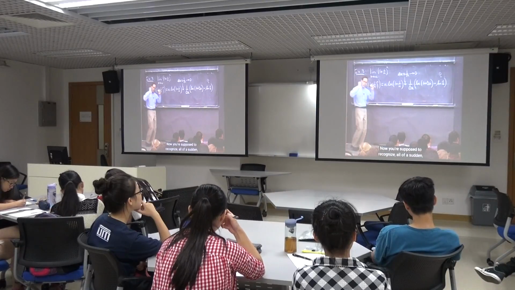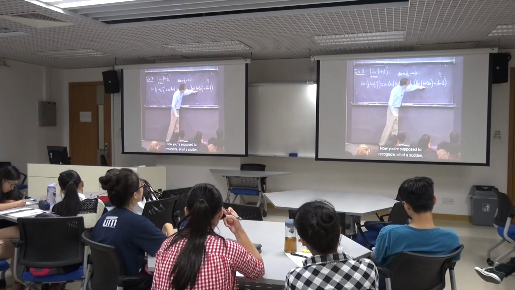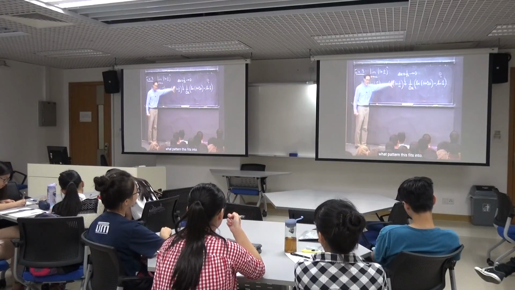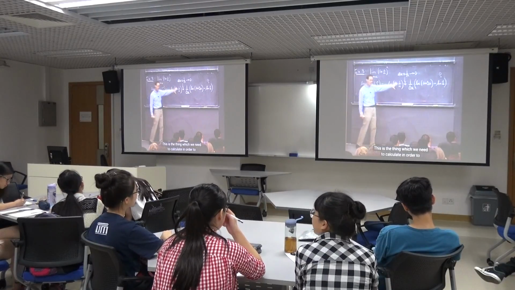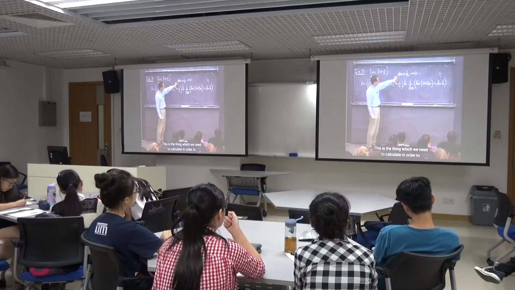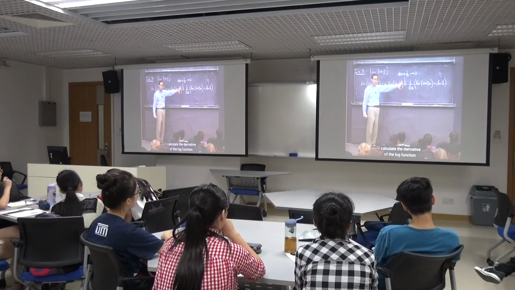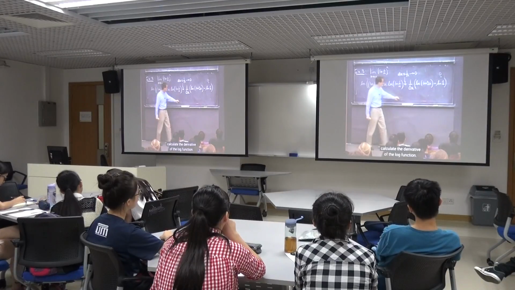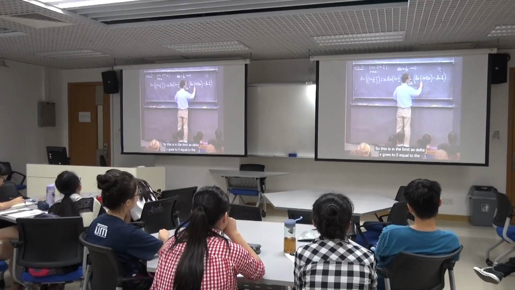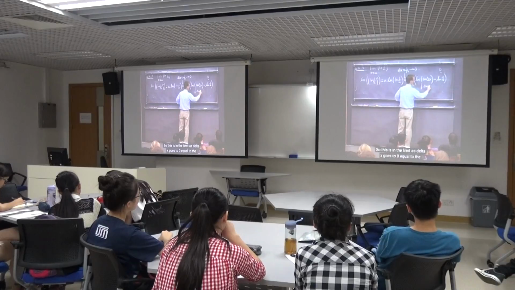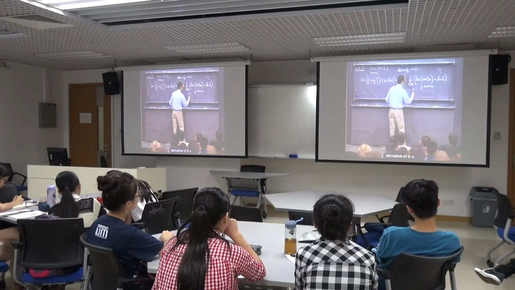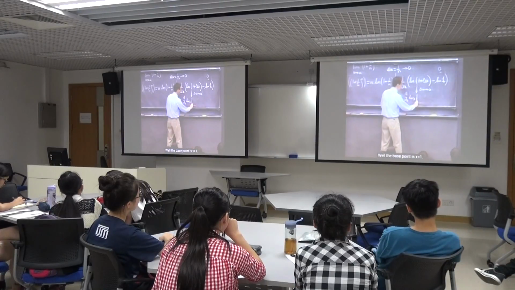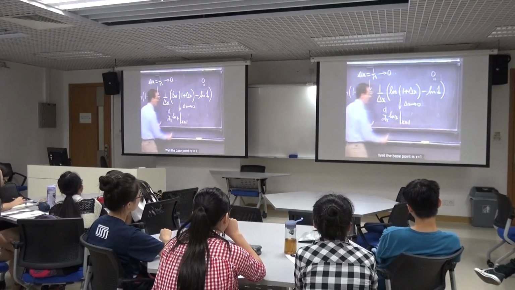All right, now you're supposed to recognize all of a sudden what pattern this fits into. This is the thing which we need to calculate in order to calculate the derivative of the log function. So this is, in the limit as delta x goes to 0, equal to the derivative of log x. Where? Well, the base point is x equals 1.